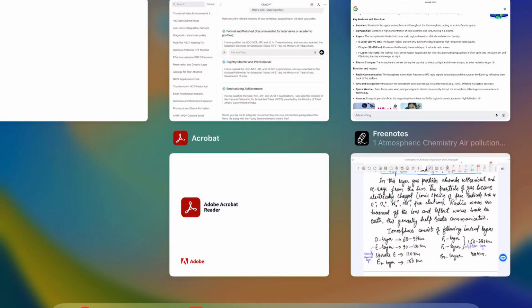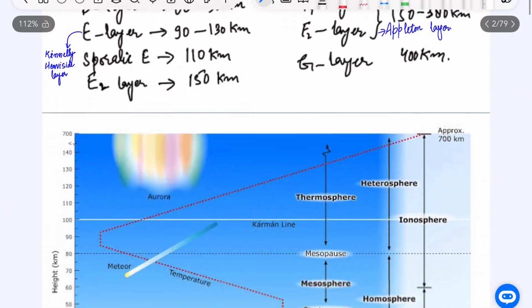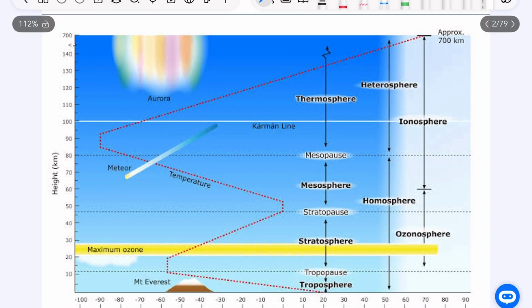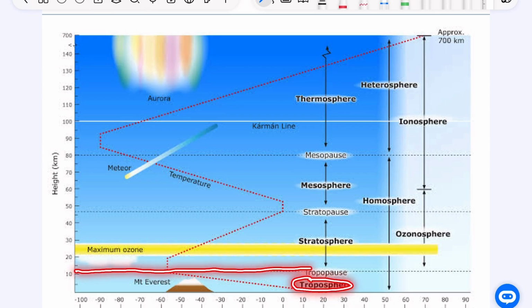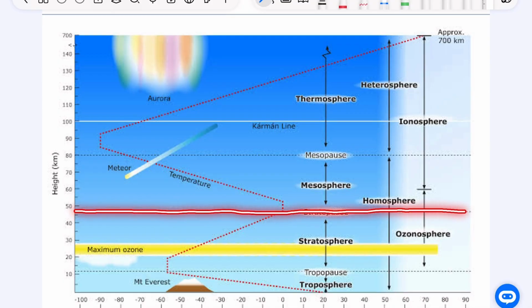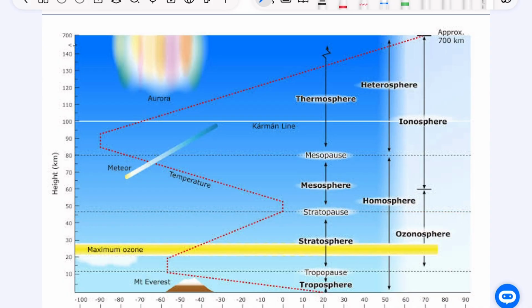So with this I think we are done with the different layers of the atmosphere. For the summary, I will again summarize these layers. Starting from the beginning, we have the troposphere, which is about 12 kilometer from the earth's surface. After that we have the stratosphere, which is up to 50 kilometer, in which temperature increases with increasing height.